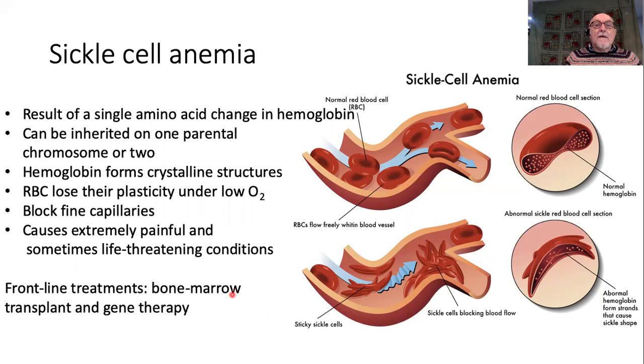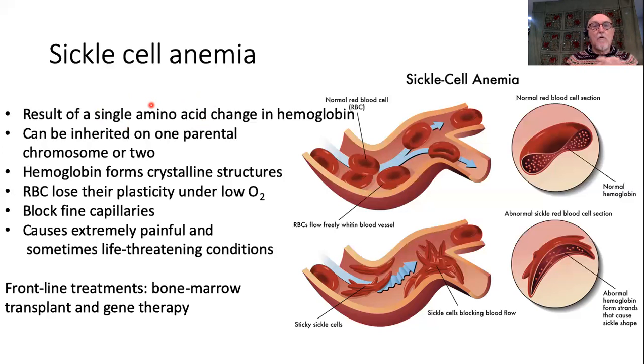And it's an extraordinary disease because it's a response to a single mutation on the gene to produce hemoglobin. So there's a single base change in the DNA sequence, and it changes one single amino acid in the protein hemoglobin.